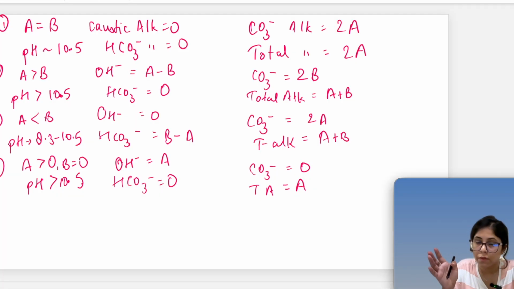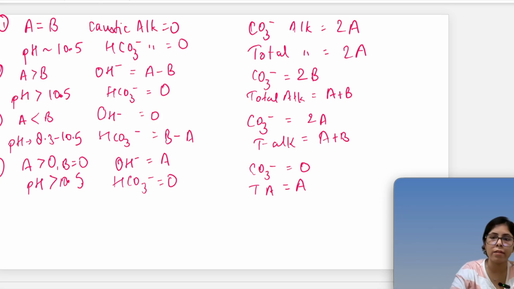If that were there, we needed methyl orange alkalinity so that CO3 2 minus can be neutralized to carbonic acid. But that was not the case here. We only got the phenolphthalein alkalinity. So what we can say from here is only OH minus, that means caustic alkalinity, was present, and that was equal to A only, and the total alkalinity will become A. So these are the cases that we should remember.